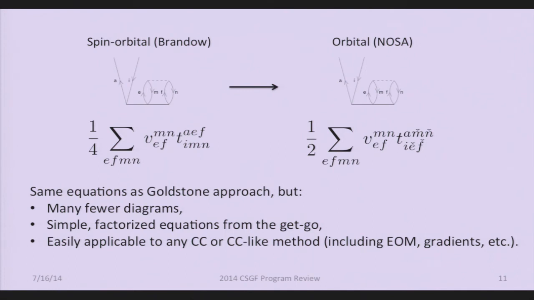So we build these linear combinations and put them together. And we get the same thing as on the previous slide. We get the same 6 terms. So there's 6 elements in this linear combination. We don't have to go through the trouble to directly write down all the diagrams, all the equations, and then put them back together. We simply get the final factorized form as it is. So that's what I call the non-orthogonal spin-adapted method.